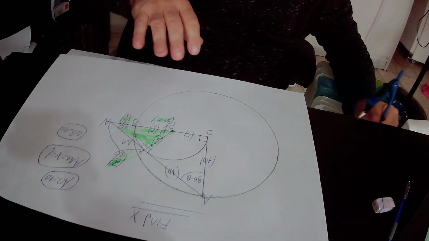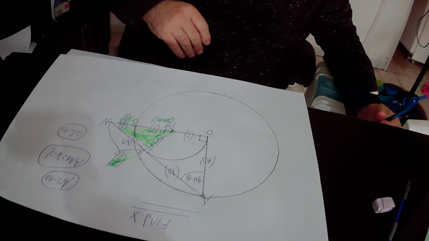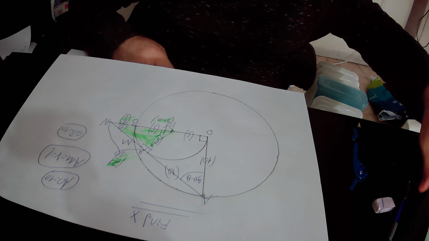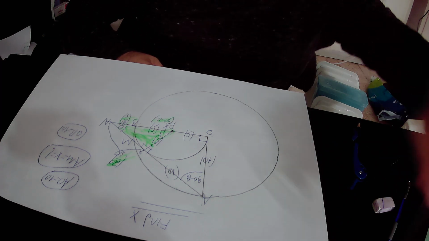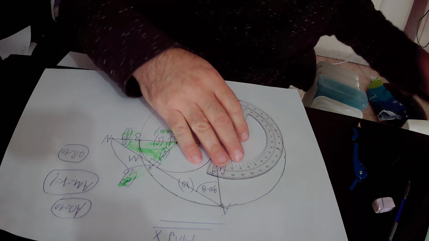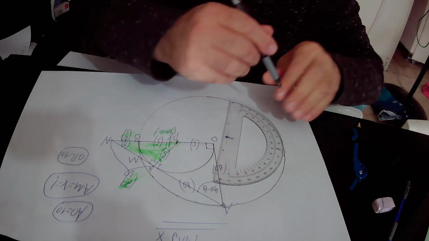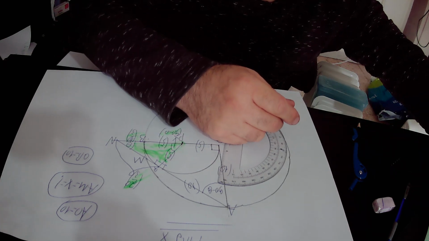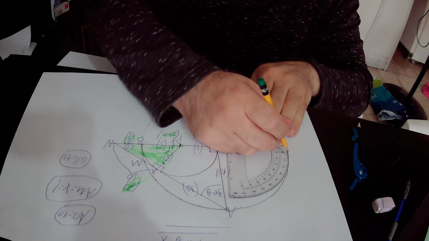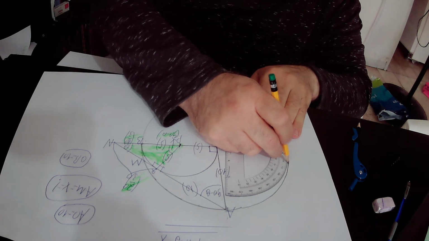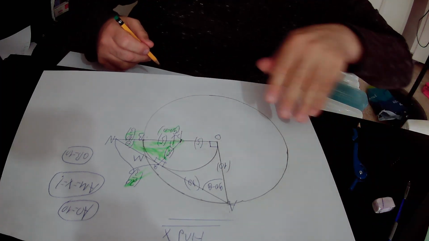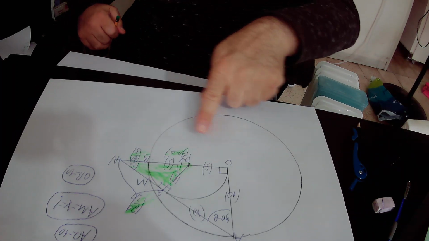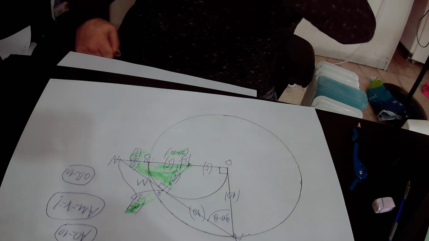And we'll extend line segment BO by a straight line until it touches the circle.